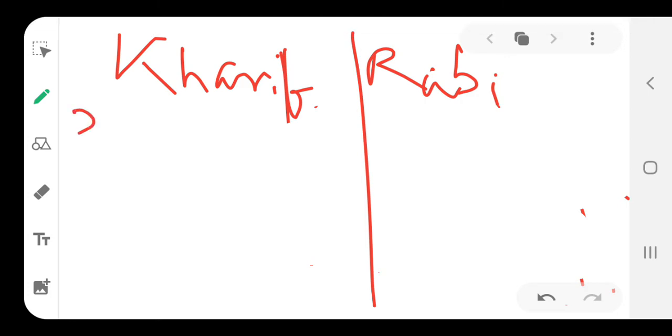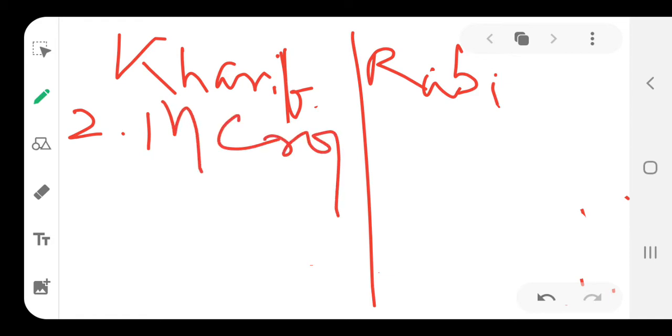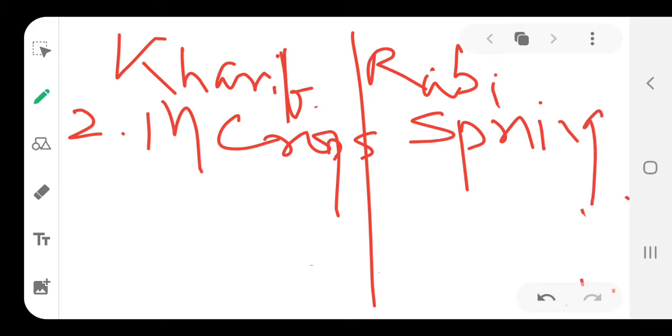So for second point you write, they are also known as monsoon crops, okay? Monsoon crops. While they are known as spring crops. Because of the seasonal difference, they are called by these names.